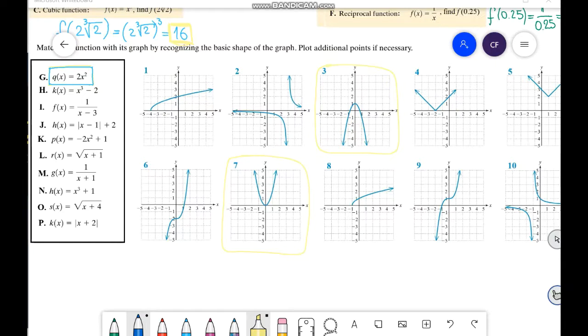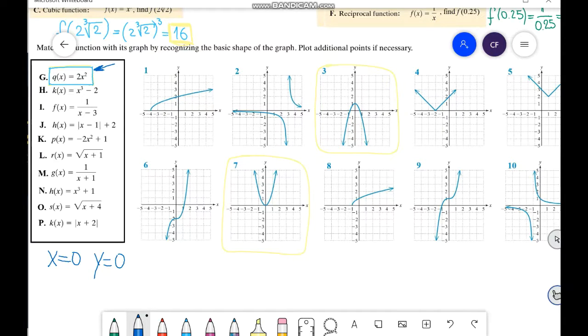Okay, number 3 or number 7. The way you can check and make sure, let me give you a hint here. Make x equals 0 and find y. This is one way you can use to be sure. Applying x equals 0 to this function, you're going to have 2 times 0 squared, so y is going to be equal to 0 as well.